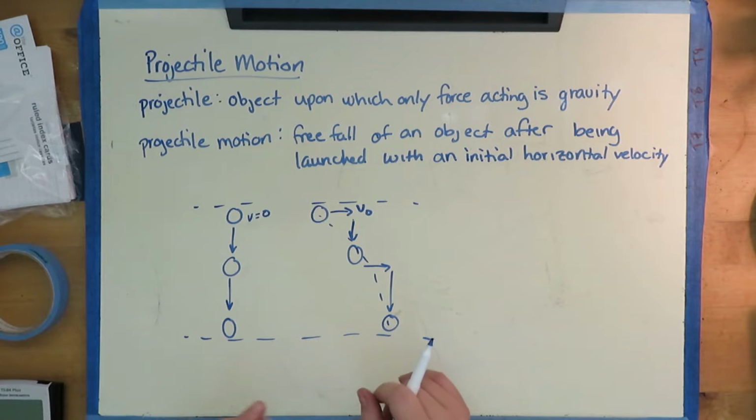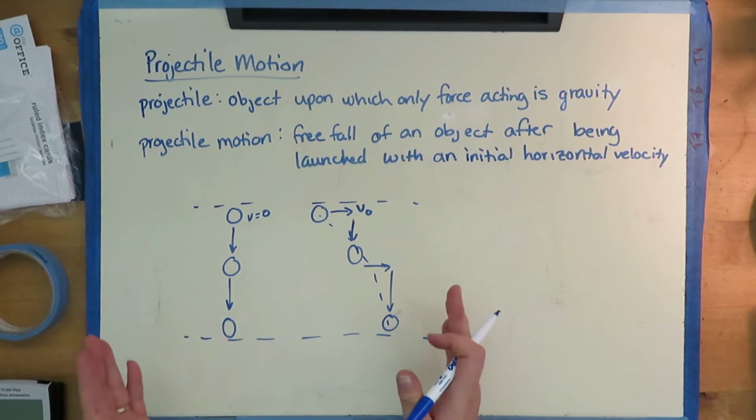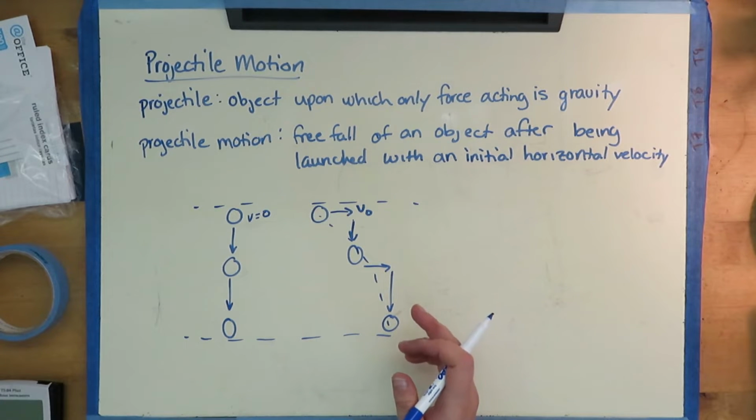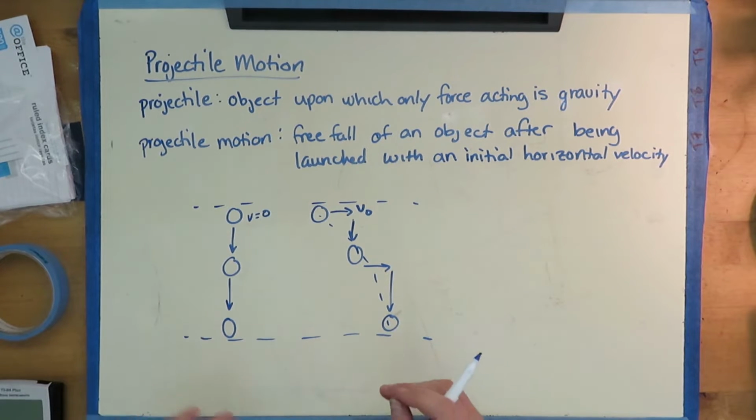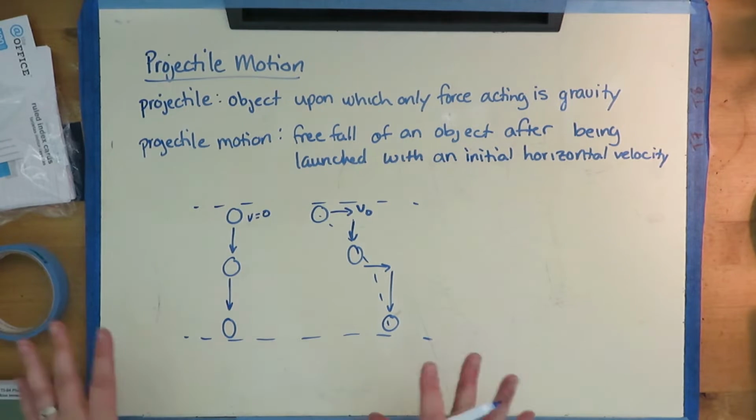So I might take a moment here and pause and go watch the projectile motion ball drop versus ball launched. It's really cool, and you'll be able to see how that works. But these are actually going to hit the ground at the same time, as long as there's no air resistance.